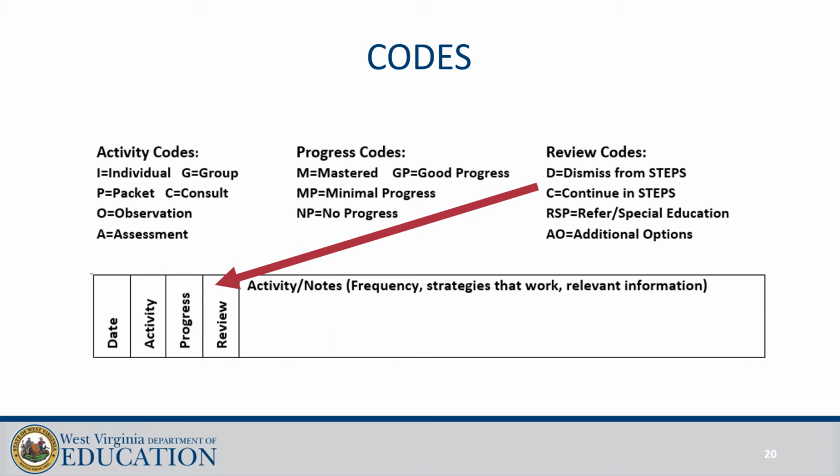If you refer a student for special education speech therapy, this means that the student's speech-language disorder is impacting academic performance, and participation in STEPS has revealed the need for specialized instruction. If you suggest outside options to families, it is because the student's speech-language disorder is not impacting academic performance, and yet participation in STEPS has revealed the need for specialized instruction.